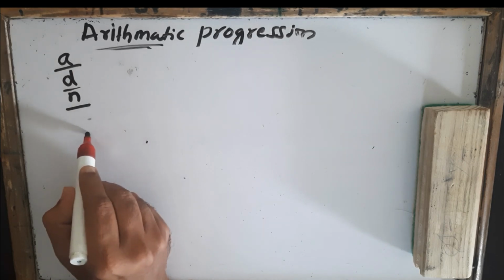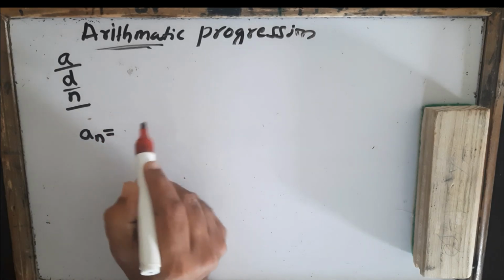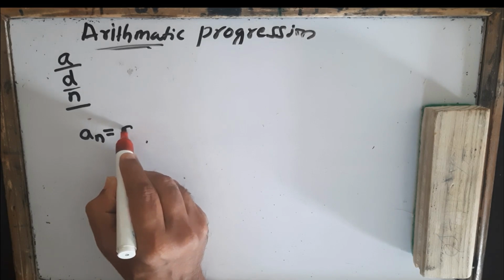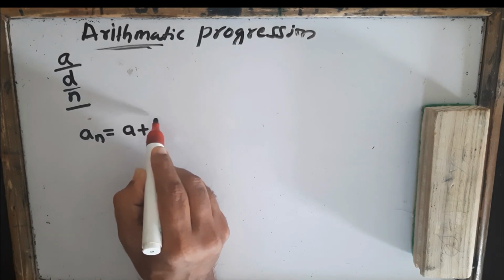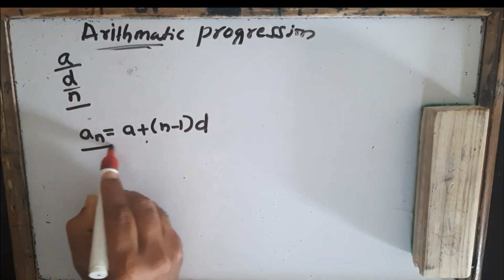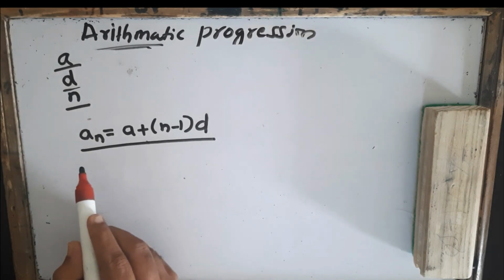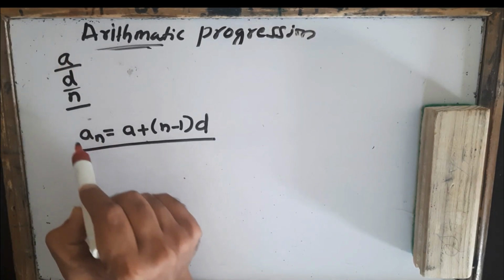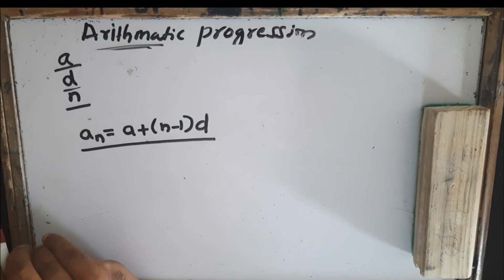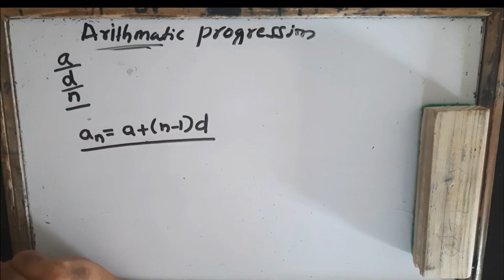And we know the formula for the nth element: An is equal to A plus n minus 1 into D. So using this formula we can establish any arithmetic progression, provided the difference is common between all the elements.